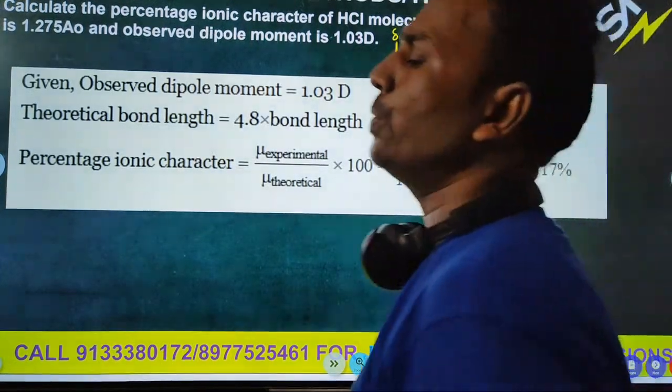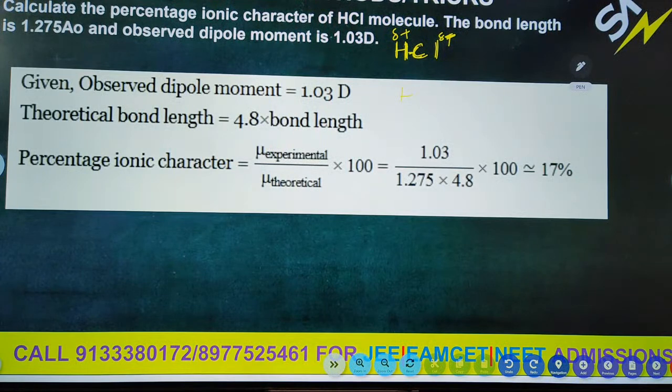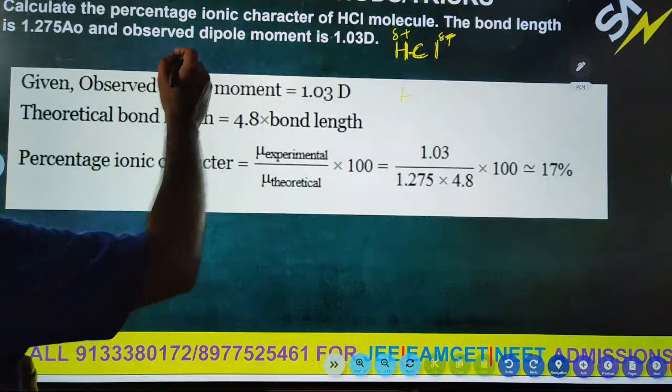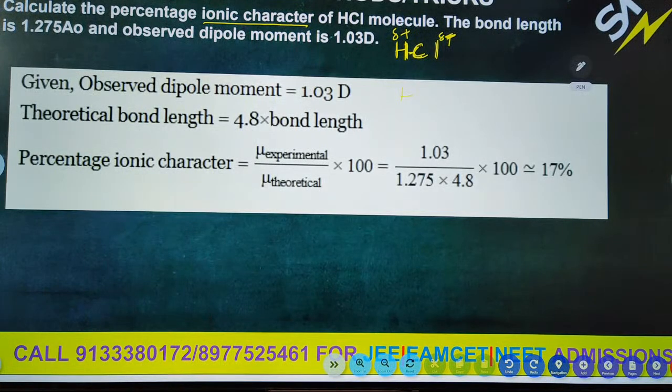This makes a separation of charge between the atoms in the molecule. So even though this HCl covalent molecule has ionic character, we don't know how much. Now we are going to calculate the ionic character of the HCl molecule.